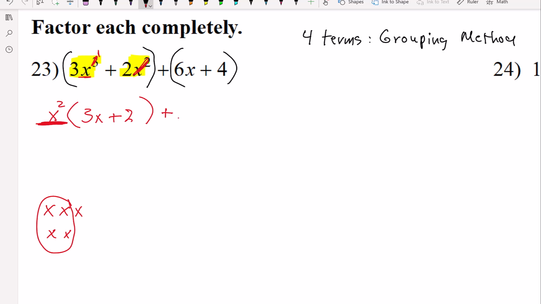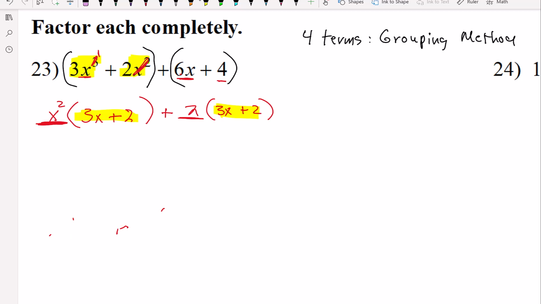Then we have a plus sign. Well, 6x and 4 have a 2 in common. 6x divided by 2 leaves 3x, and 4 divided by 2 leaves 2. And then notice the double set of parentheses have the exact same values.